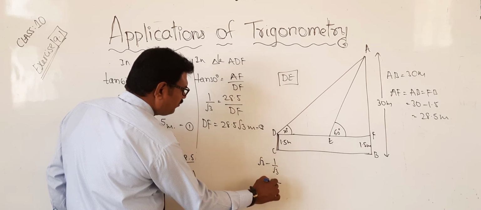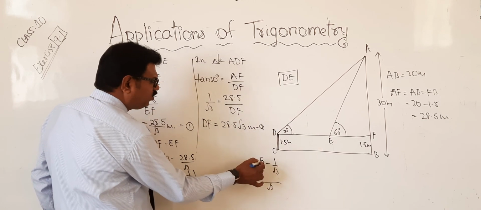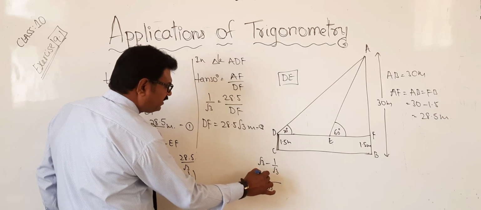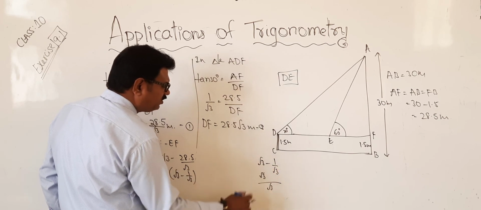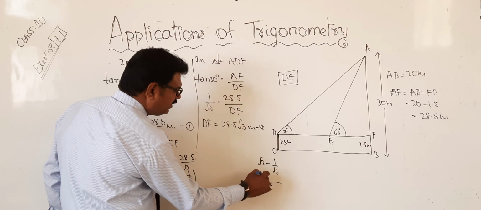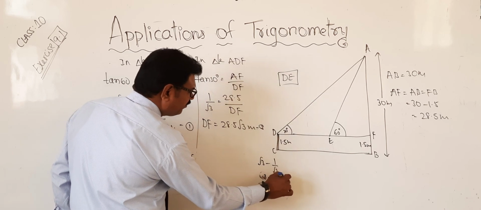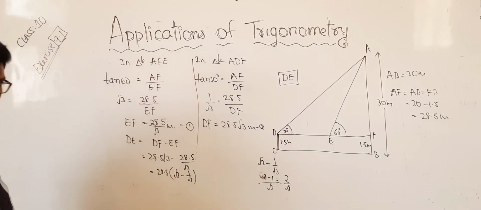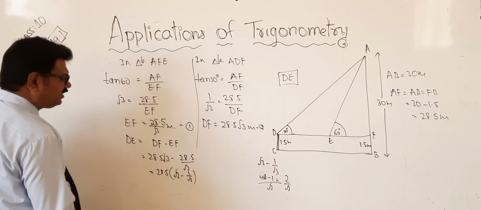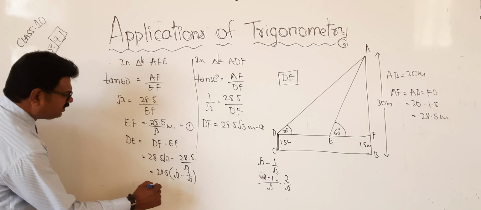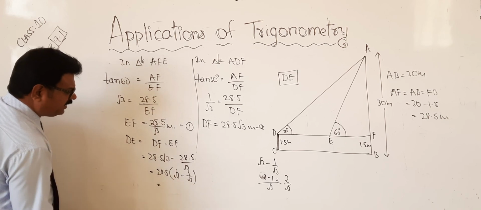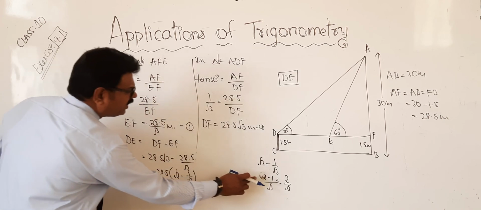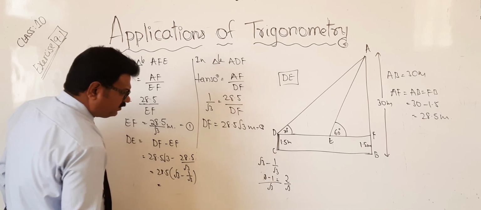What is the LCM? √3 is the LCM. √3 into √3 is nothing but 3 only. Minus 1, it is nothing but 2 by √3. Right? You can write it like this, 2 by √3.